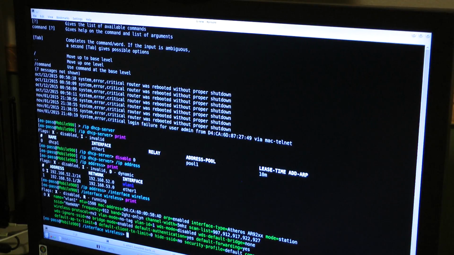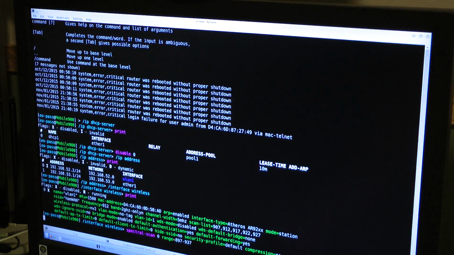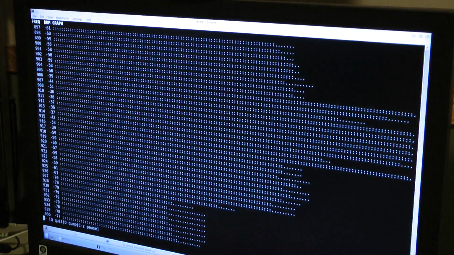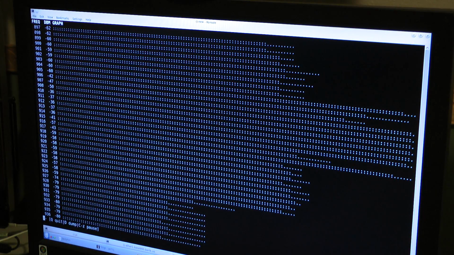Over here we can do a similar spectral scan. The range is 897 to 937. And this is of course hearing that access point as it's beaconing.